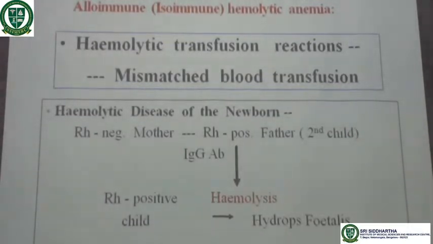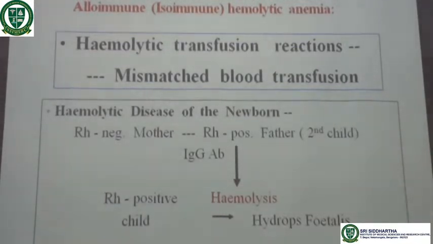The baby will have some group, but what about the Rh? Since the mother is Rh negative, she has no Rh antigen. The father is Rh positive, so he has the Rh positive antigen. After fertilization, the baby takes up the Rh positive antigen, so the baby will be Rh positive.